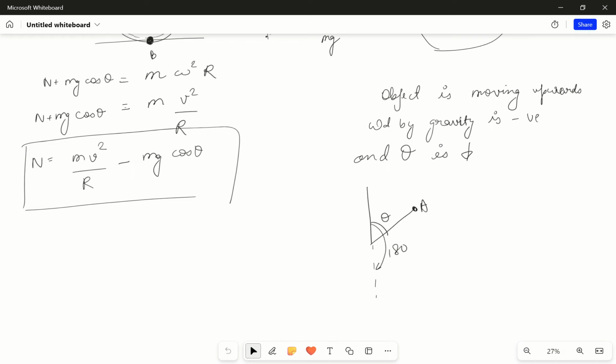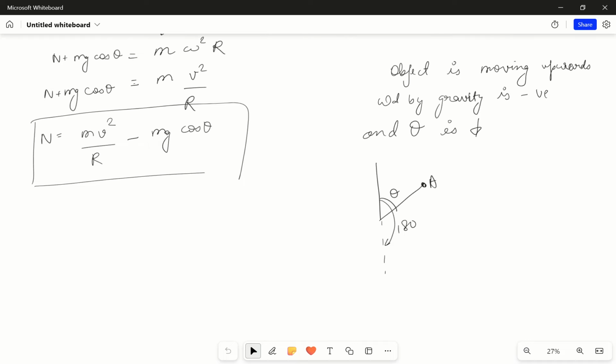Now it is somewhere between 0 to 90, so it is decreasing. So as v is decreasing and also theta is decreasing, this means N is decreasing while the object moves upward.